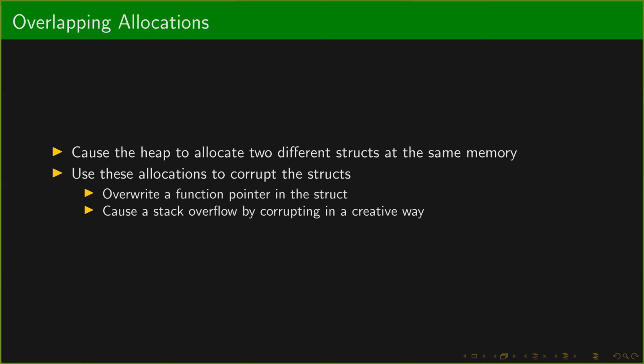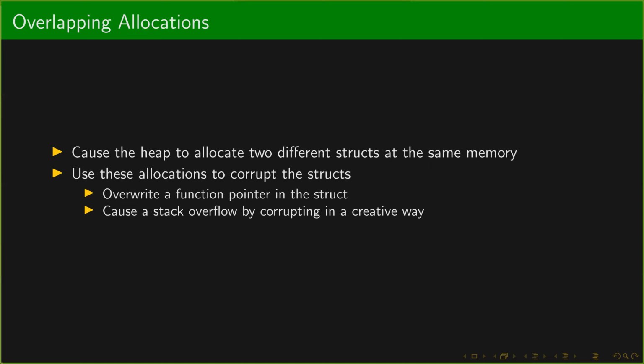So we try to cause the heap to allocate two structs at the same underlying memory. So we may allocate an object and a string at the same memory, and when we write to the string, it's going to mess up the object, and vice versa. If we write to the object, it's going to mess with the string.